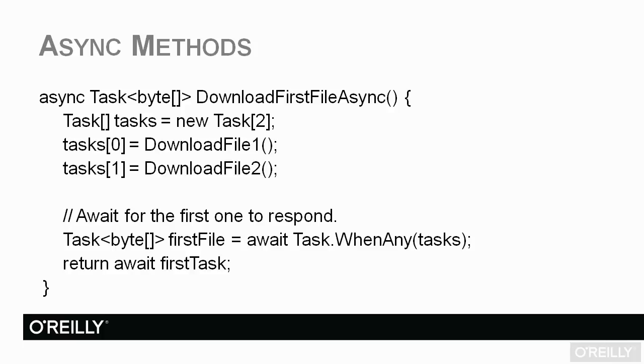And that will return when the first task gets done. It doesn't matter which task it is, whether it be download file 1 or download file 2. When either one of those gets done, the await task.whenAny will return at that point. The second task will keep on running, but we will return from the method when we get the first download. So again, another little variation that can be handy.